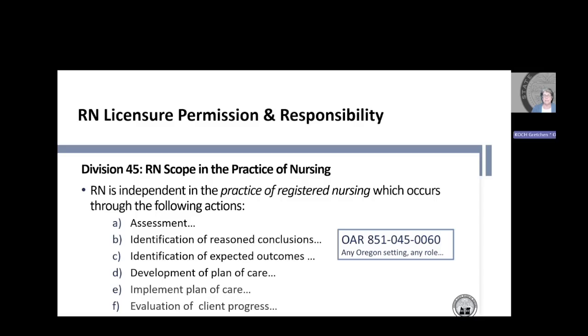Oregon's Nurse Practice Act Division 45 standards, on the other hand, are legal standards, meaning they identify minimum expected actions and behaviors of the RN as adopted by the Oregon State Board of Nursing for the purpose of protecting those who receive RN services in the state of Oregon.